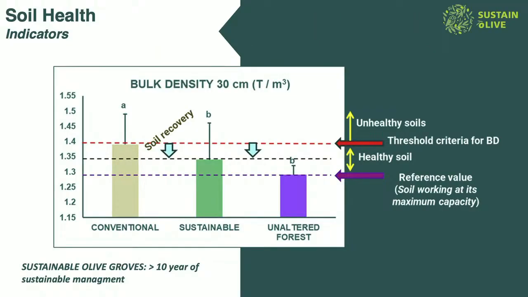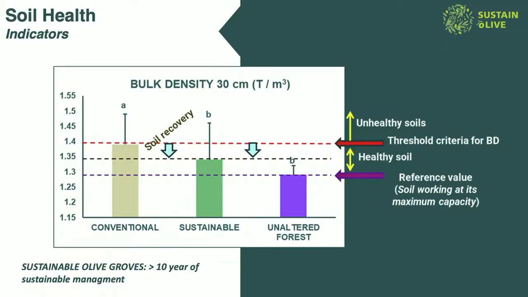In these slides I present one of the most important physical indicators of soil quality, that is the bulk density at 30 centimeters, and the average values for conventional, sustainable, and the reference values.